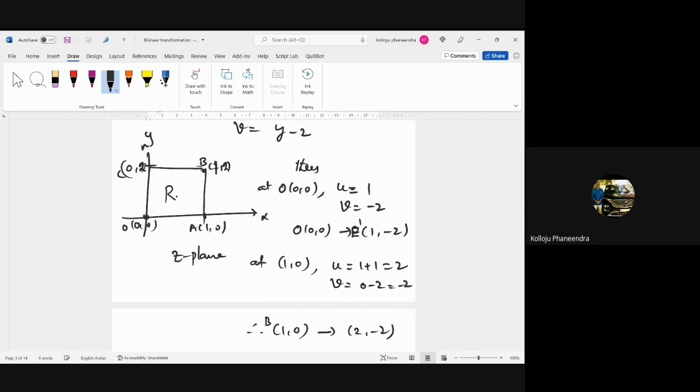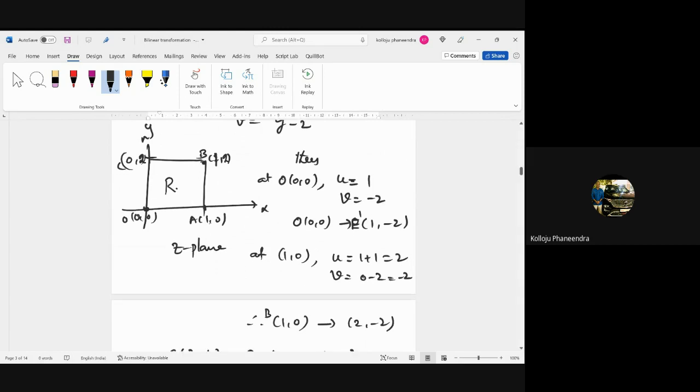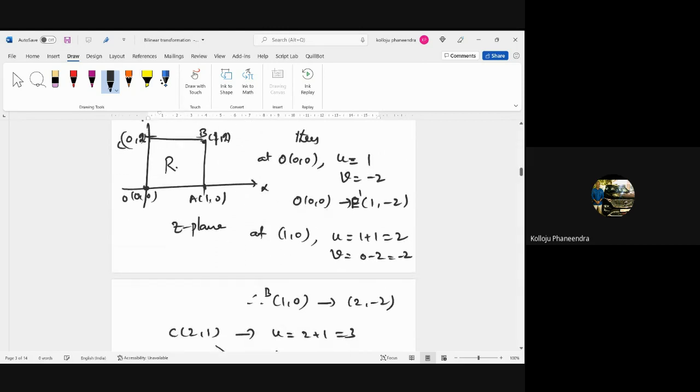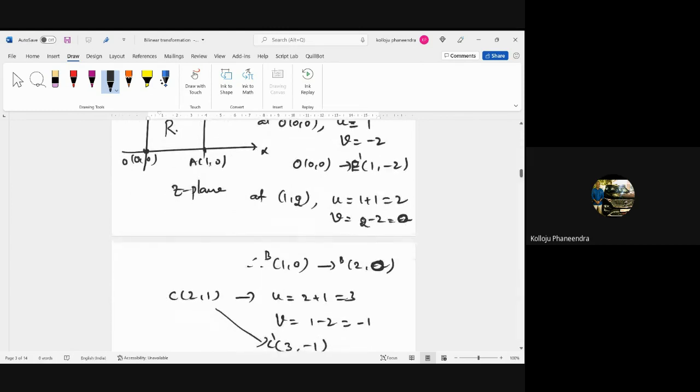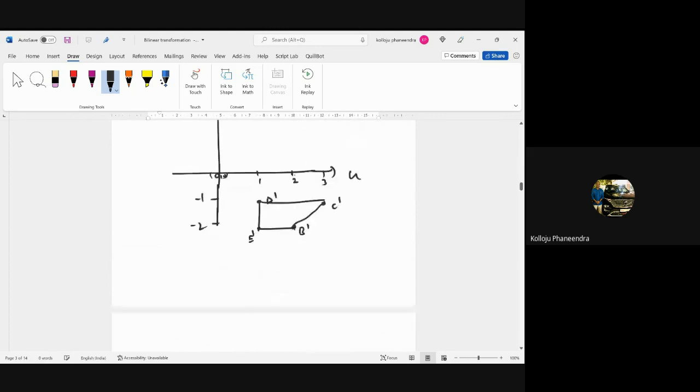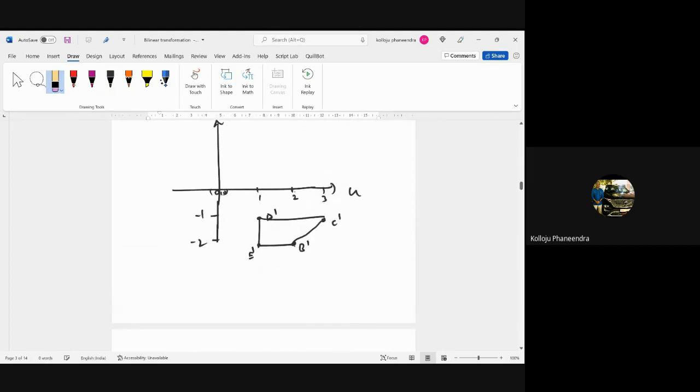All of you, that's the mistake. 1 comma 2. So which point? B, 1 comma 2. B, 1 comma 2 means what? This is 2 minus 2, this becomes 0. This is 2 comma 0. So B dash value is what? 2 comma 0. That is the change here. So I will change that point. B dash value 2 comma 0.